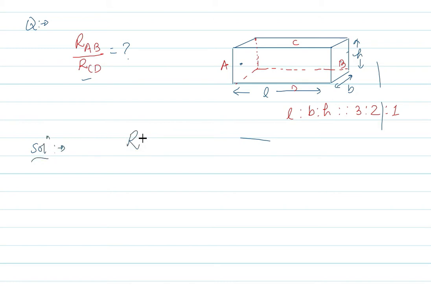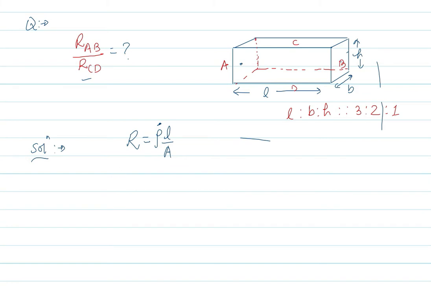See, we all know that R is rho L by A, right? And rho represents the resistivity of the material. So this is the property of the material. That means if the material is the same, this rho will also be the same. This will not change unless we change the material, right? So rho is constant in this case.